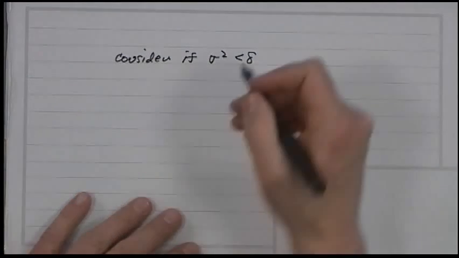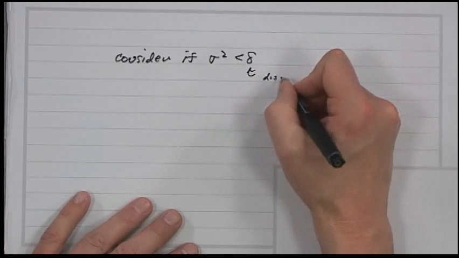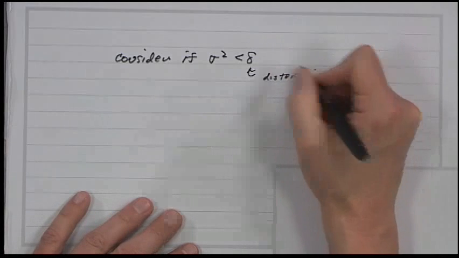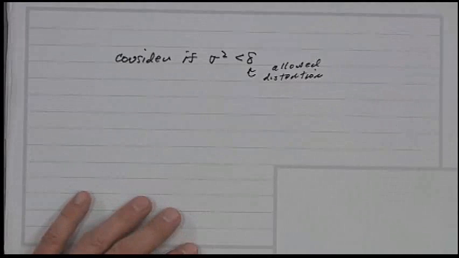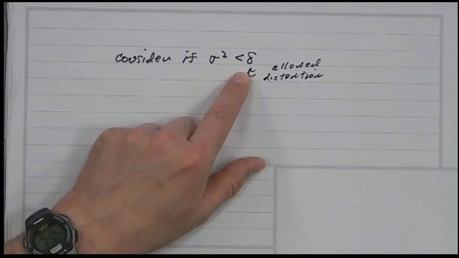I'll call delta the allowed distortion, because that makes it more intuitive. So we're saying that we're going to allow up to a distortion of delta.